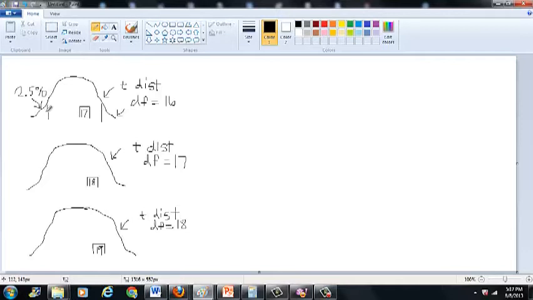When you look up the two-tailed critical values, you have a negative critical value that has 2.5% of the possible samples to the left of it, and you have a positive critical value that has 2.5% of the possible samples to the right of it. So this area up here will also be 2.5%.